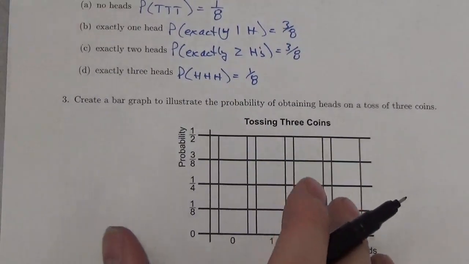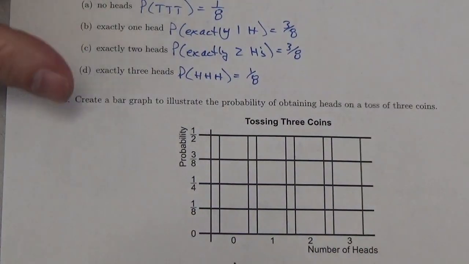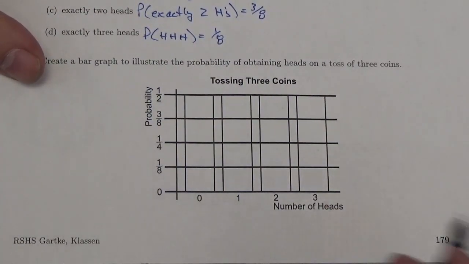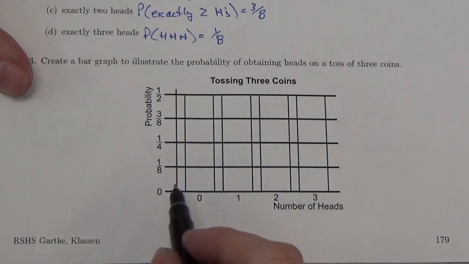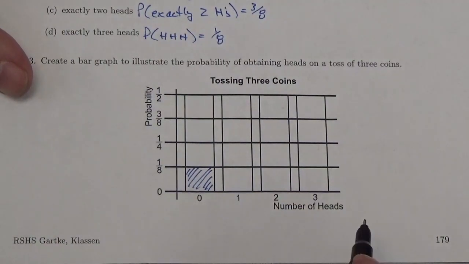Now down here, we want to create a bar graph to illustrate what's going on with this. So the bottom here is going to be the number of heads that shows up. I don't know why that's shifted over a little bit. And then the probability. Well, the probability of no heads we saw was 1 out of 8.